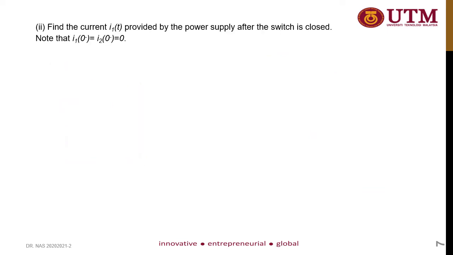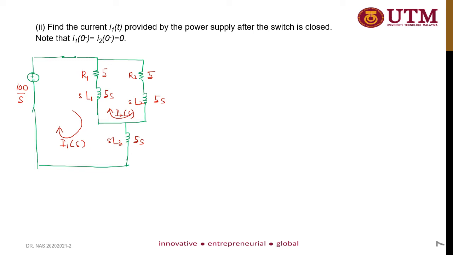So next you need to find the current I1(t), provided that I1(0) and I2(0) equal to 0 after the switch is closed. Okay, so this is the Laplace transform equivalent circuit that we have drawn from the first question. So you can find I1(t) from I1(s). So you need to perform loop analysis to get I1(s). So from here, on the left loop, we call it loop 1.